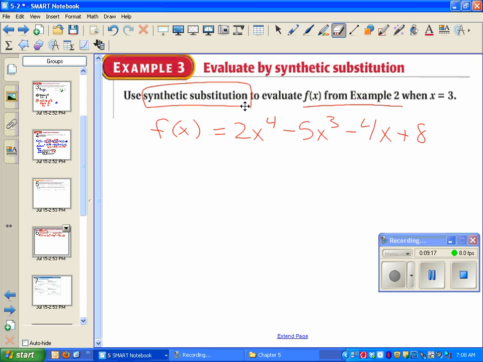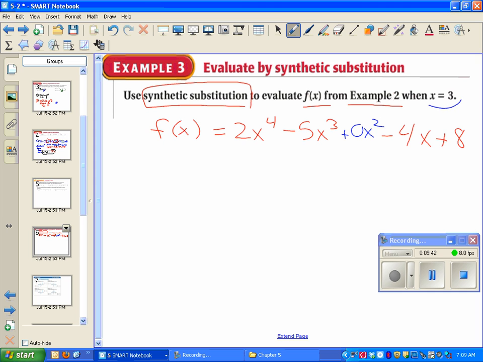And actually with direct substitution, I'm going to leave a little room, and you'll see why in a minute. If you notice, we don't have an x squared term, so I'm going to just put 0x squared. That will be important for synthetic substitution.